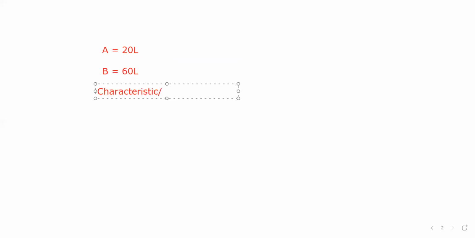Which is also a what? A trait, isn't it? And that trait here is high milk yield. That is a trait that this cow has. This cow has a trait of high milk yield. In the meantime, it is a characteristic.